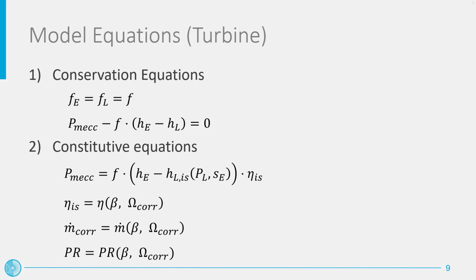The main constitutive equations include the definition of isentropic efficiency, which allows for the calculation of the mechanical power. We have then three equations for, respectively, isentropic efficiency, flow coefficient or corrected mass flow rate, and pressure ratio, where these three quantities result from the interpolation of a matrix given the value of the reduced speed and of the auxiliary variable beta.